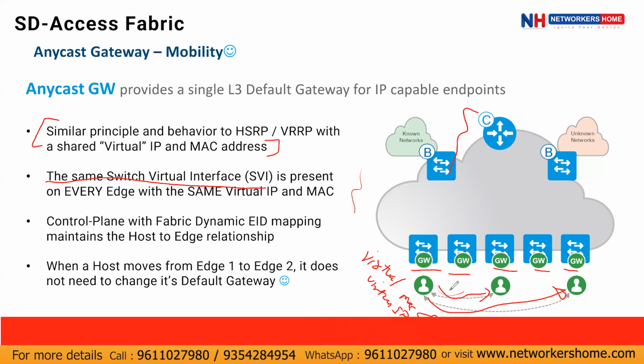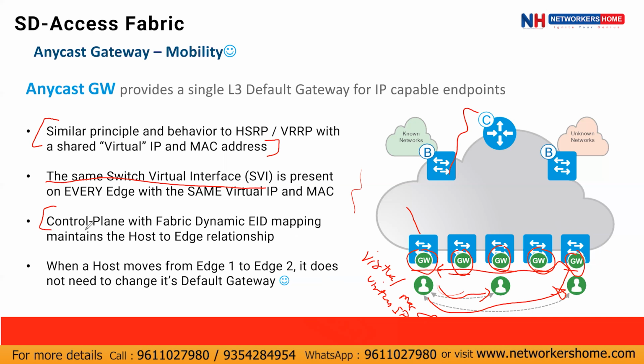Because in traditional networks, if this gateway was present only here, you would have to get this to the core switch and then it would get out. But here, it is on every specific edge node.